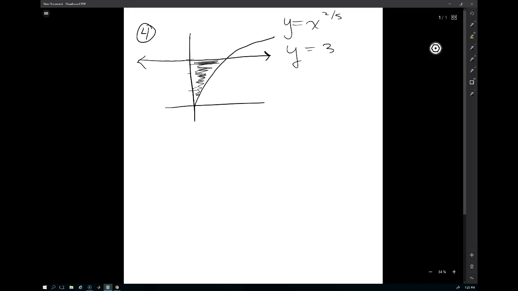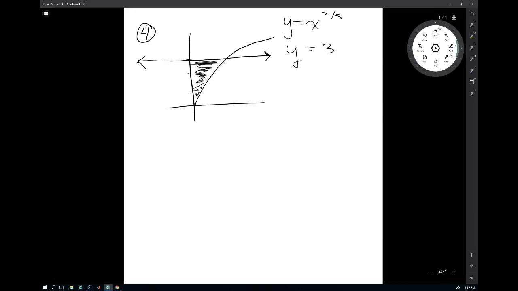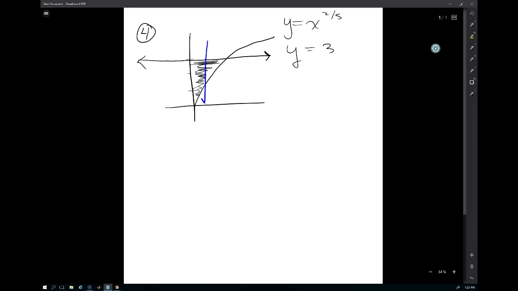You can really integrate this from top to bottom, which would be with respect to x, because when you draw a line from top to bottom, it points at the x-axis. Since that points at the x-axis, we're going to integrate with respect to x.